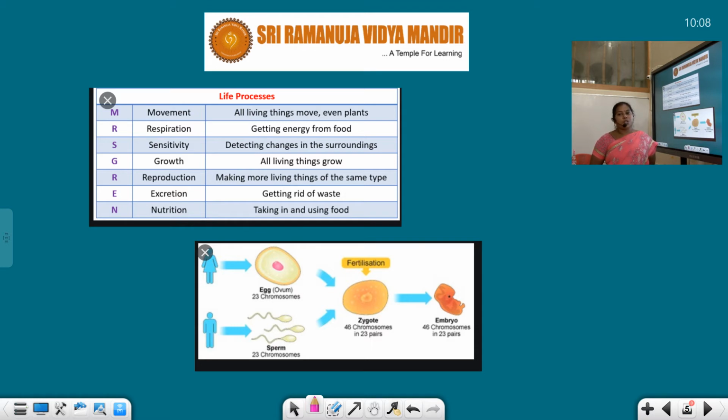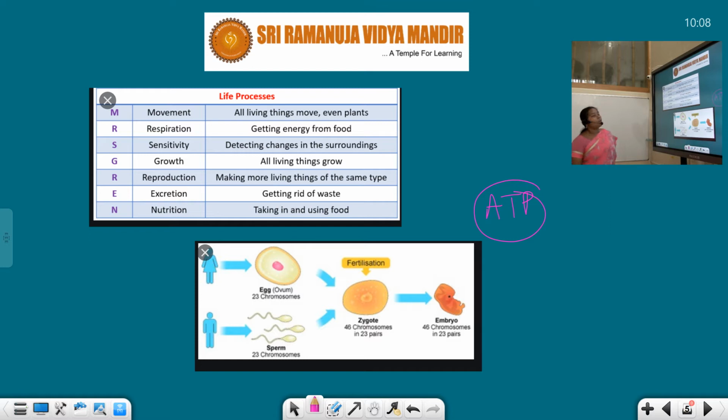Oxidation of the glucose molecule gives us carbon dioxide as well as water, and along with these products we also get energy. That energy in the living system is stored in the form of ATP. ATP means adenosine triphosphate. These are the energy pockets stored in the mitochondria of the cell.